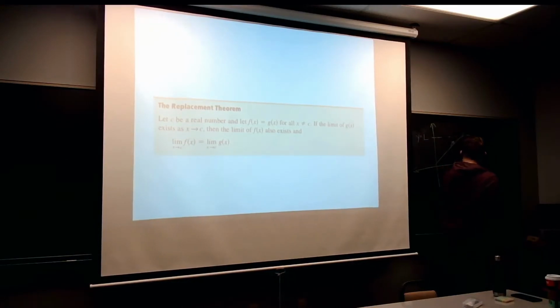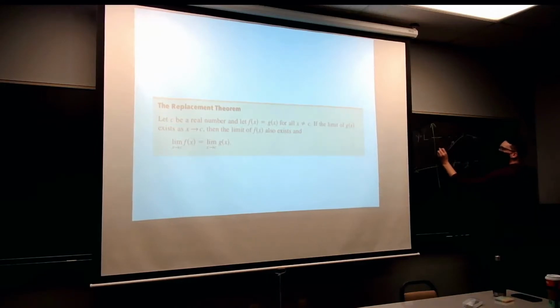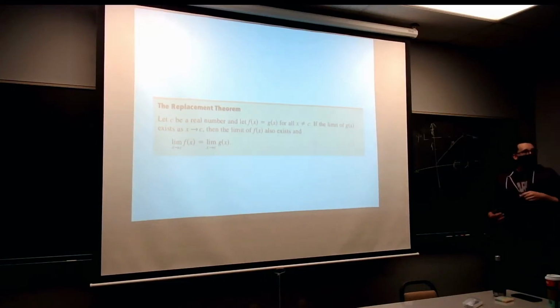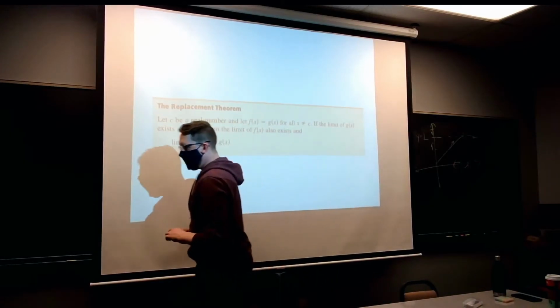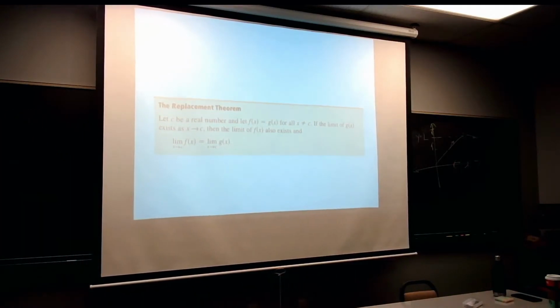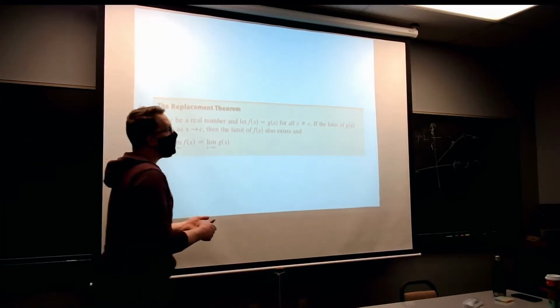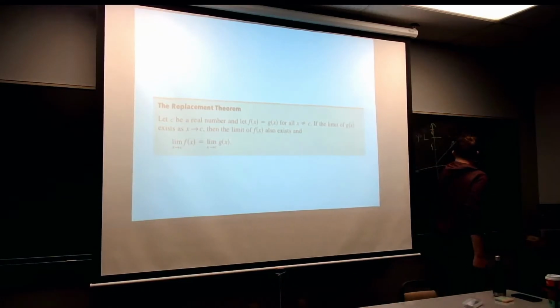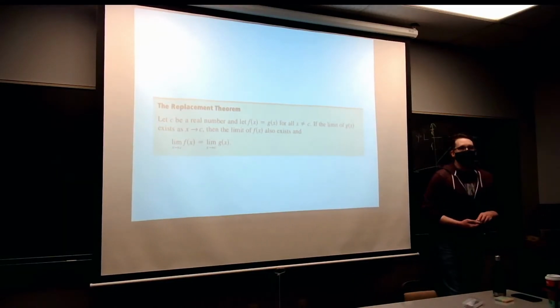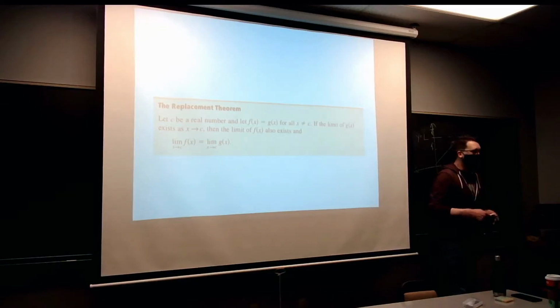And as we do, we're going to say, hey, this y value and this y value up here, they get closer and closer and closer to L. So because they get closer to L, our function, as x approaches C, it must get close to L. That's all we're doing.